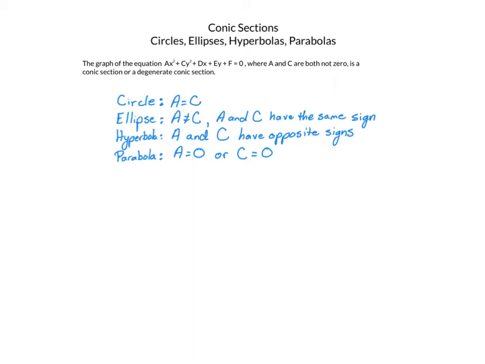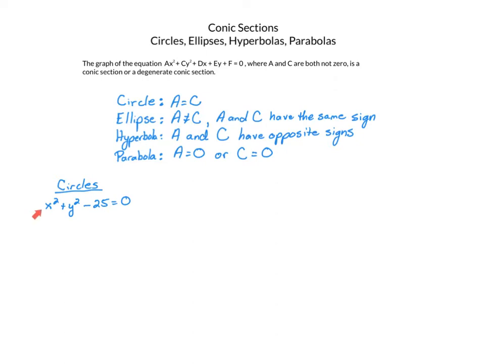Let's look at some examples. Here's what circles would look like if the equation is in general form, something like this: x squared plus y squared minus 25 equals 0. Notice you could very easily add 25 to both sides and put it in standard form. But here's what I want to point out to you.